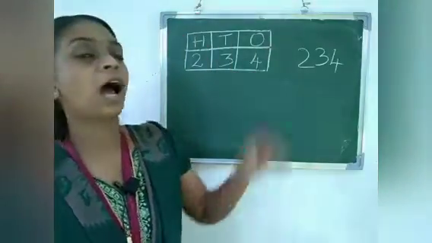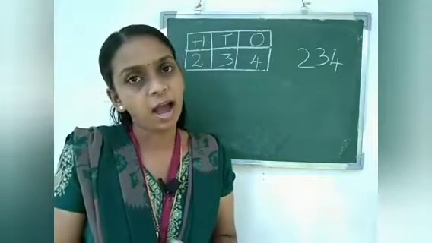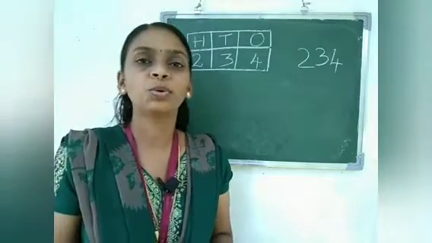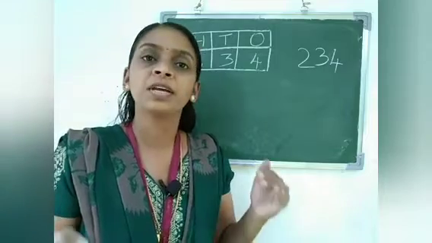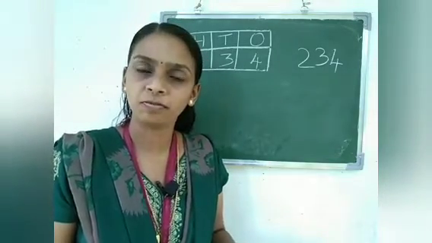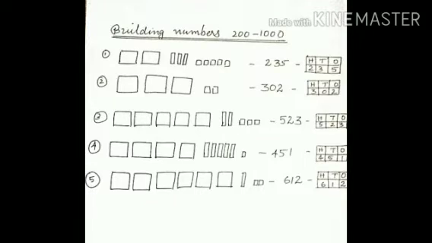Then we studied how to represent a 3-digit number on a place value chart. Two more examples I will show you, on how to represent it on a place value chart and how to write the number name. So now we will look at some examples of building numbers from 200 to 1000.